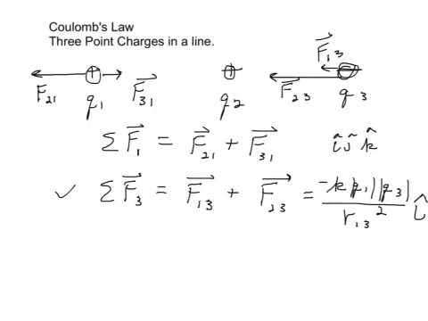Now you see what I've written over here is this term. I'm off the page, but if I wanted to continue and get the total force, I would write this term, and then we would put the numbers in. If we were given numbers, like values for those charges, we'd just put the numbers in and calculate it with the units. We'll practice doing that.